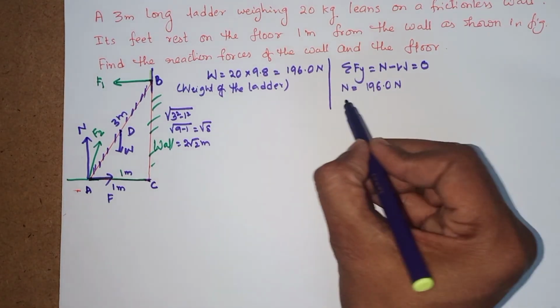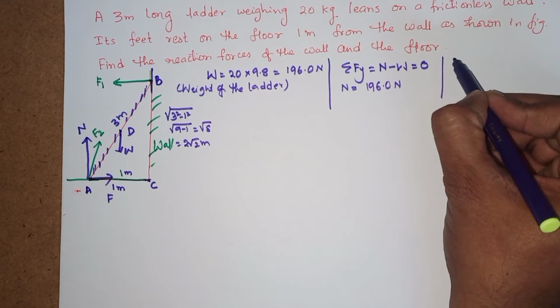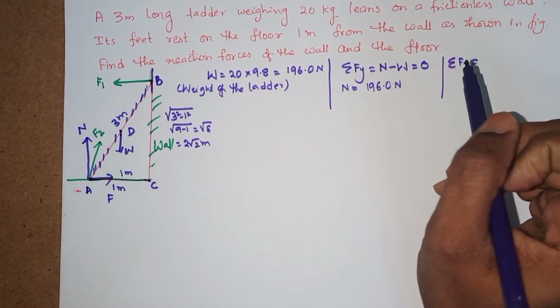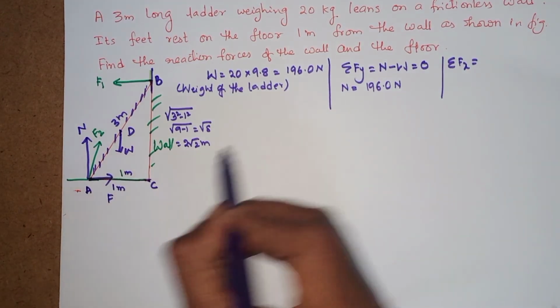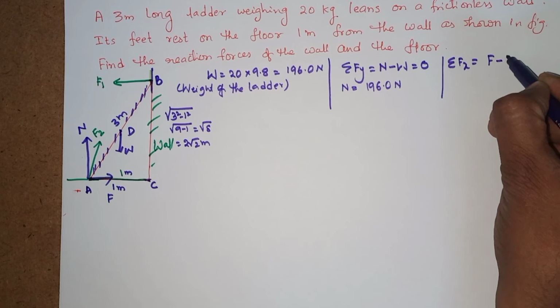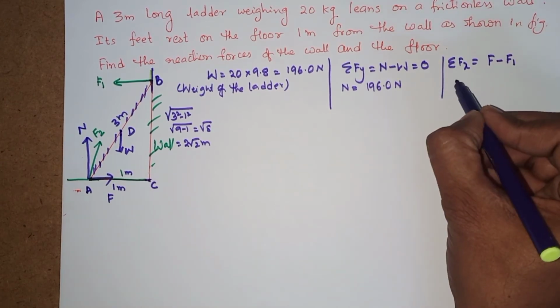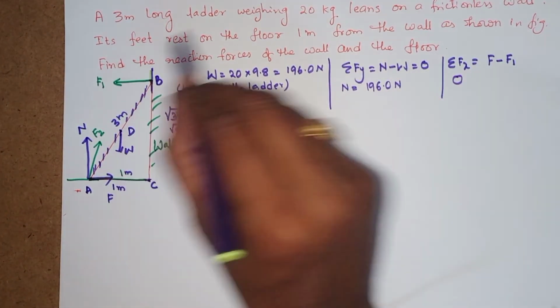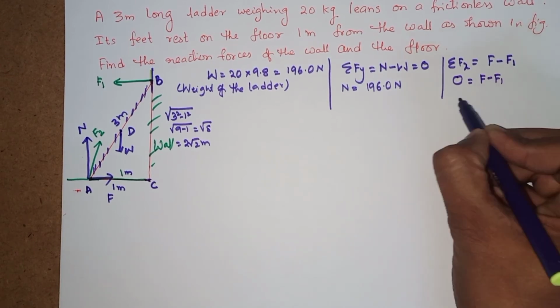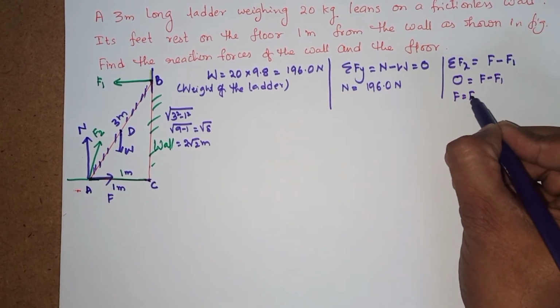Now sigma Fy is over, so sigma Fx, the x directional forces. What are the x directional forces? On the right side F is there, and on the left side F1 is there. So F minus F1. The setup is in equilibrium, so F minus F1 equals 0, and F equals F1.